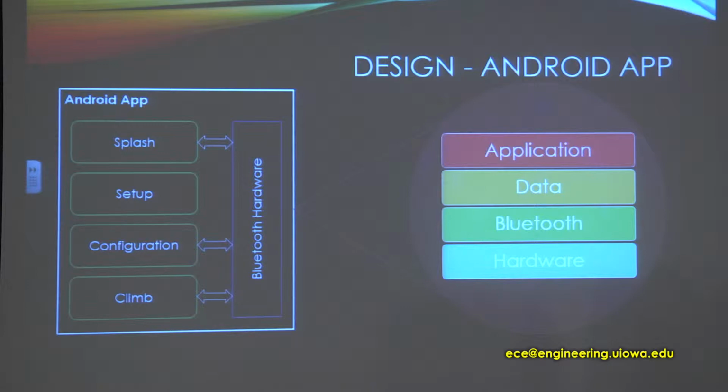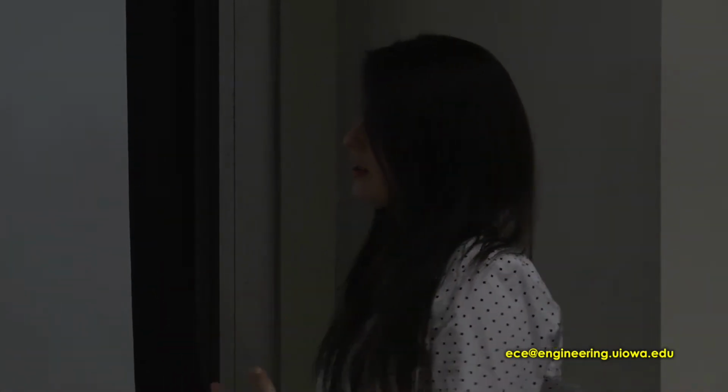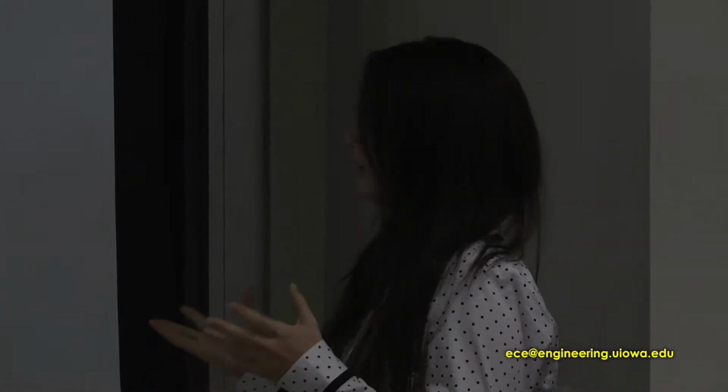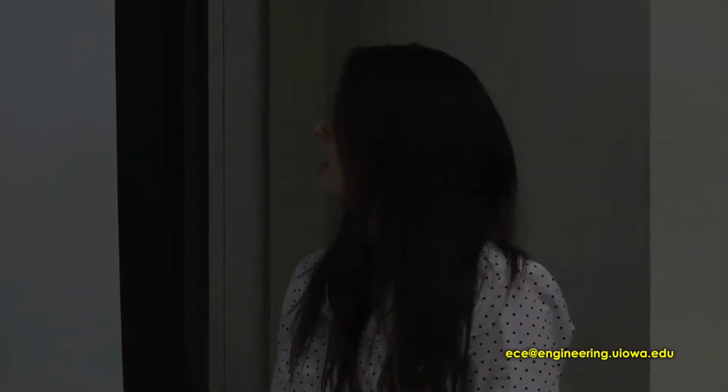So when we first started out the application writing for this project, we didn't really have a specific structure as to how we were going to factor our code. So later on we decided to divide it into the application layer, the data, the Bluetooth, and the hardware. So the application layer basically consists of just the interface, pages, the buttons, so all of that stuff that the user can see.